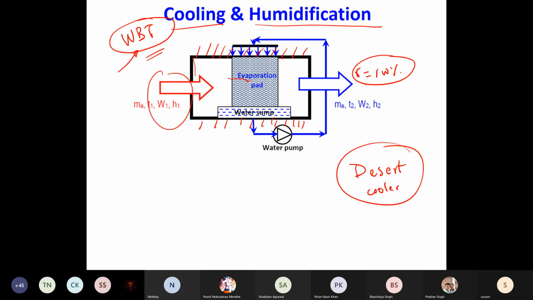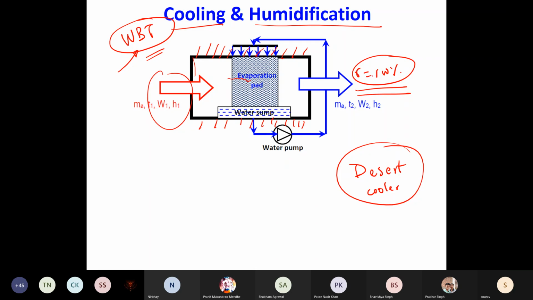And second is you will attain 100% at the exit if you have extremely large heat and mass transfer area. Very similar to what we were discussing in cooling and dehumidification. So this pad has to be extremely large. Air speeds have to be very low. So again, you have to do something to increase the effectiveness. Okay, so if you have infinitesimally small flow rate and infinitely large area, you would come to this saturated condition.